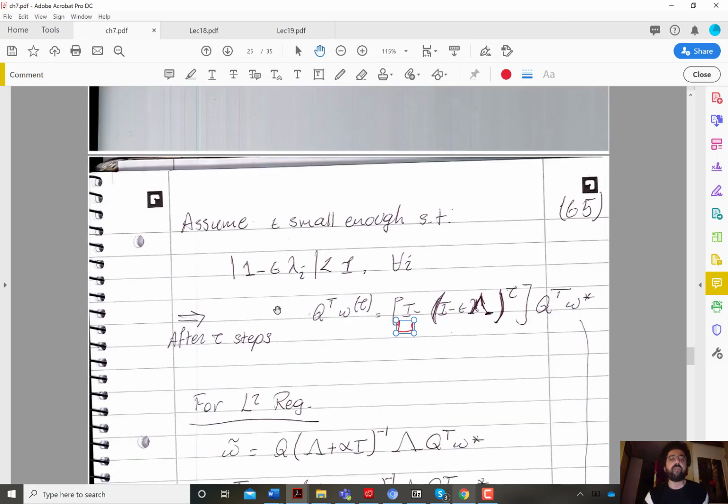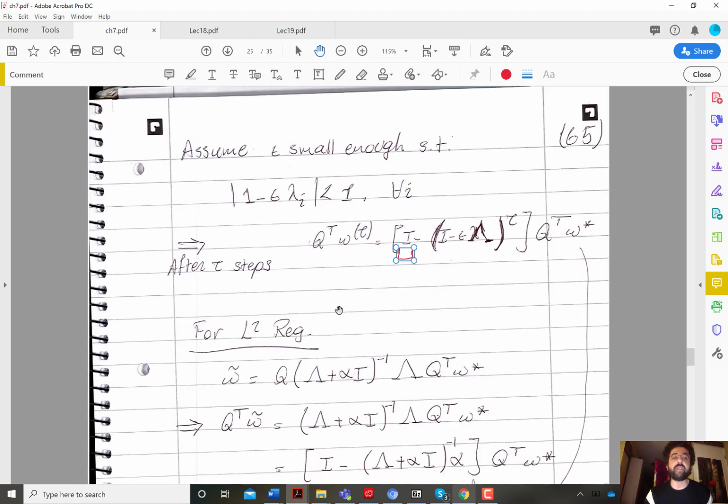Right? Now, I minus epsilon lambda to the tau, remember, is what? Lambda is diagonal, I is diagonal. So this is a diagonal matrix with 1 minus epsilon lambda i in the ith diagonal element, right? Raised to the tau. So if the absolute value of 1 minus epsilon lambda i is less than 1, right?